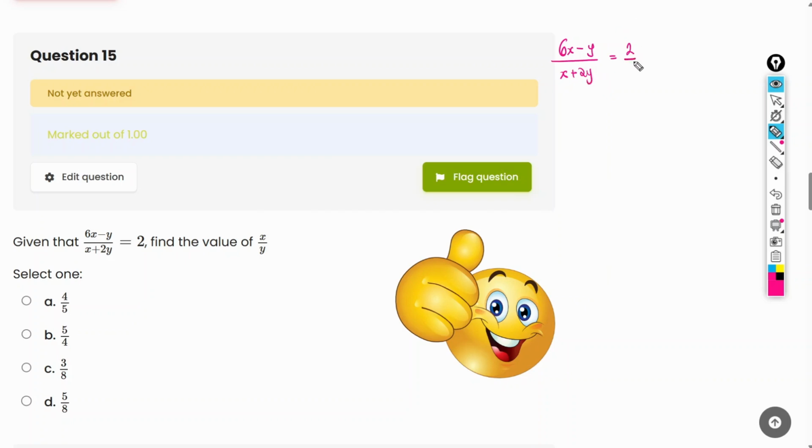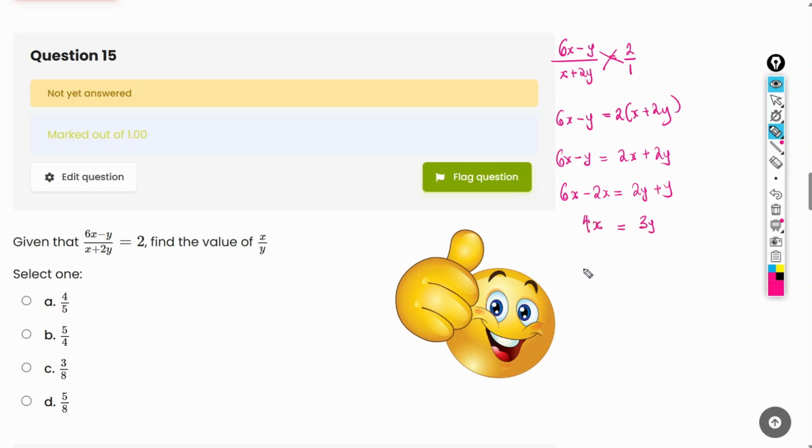The first thing I like to do is make sure everything is flat, so I'll cross multiply. 6x minus y is equal to 2 times x plus 2y, so 6x minus y is equal to 2x plus 2y. Next I'll collect like terms: 6x minus 2x is equal to 2y plus y. That means 3y is equal to 4x.